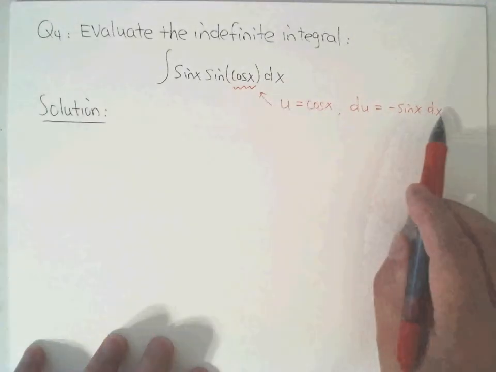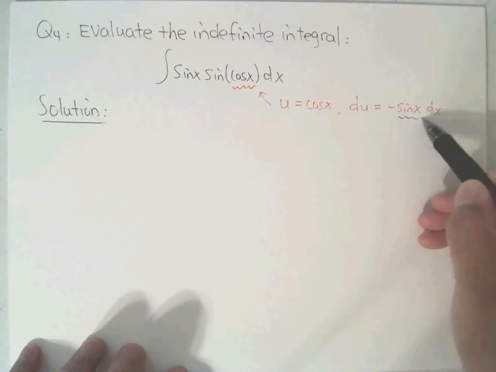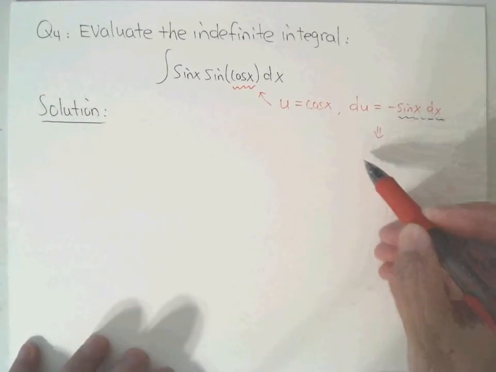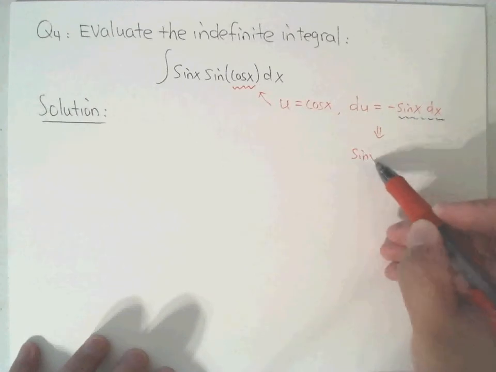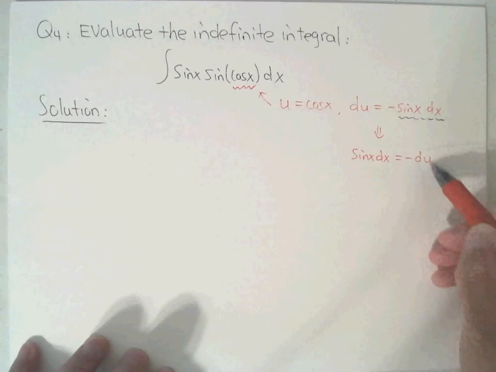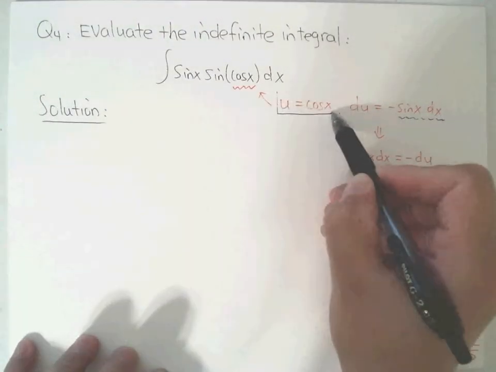If we switch the order, we can put the sine x times dx together, so we can solve for this. After we solve, it is easy to get that sine x dx equals negative du.